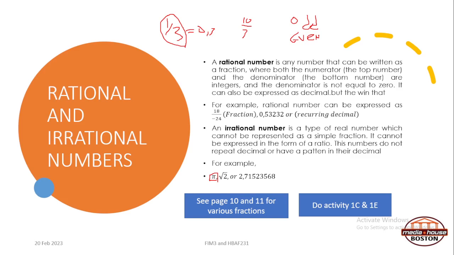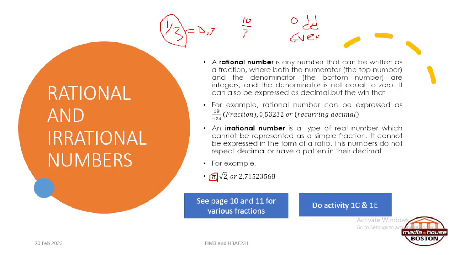And odd numbers, some of them are divisible by 3, but not all of them. Odd numbers refer to 1, 3, 5, 7, 9, 11. They grow by 2 each time. From 1 you add 2 and it becomes 3, you add 2, you have 5, you add 2, you have 7.